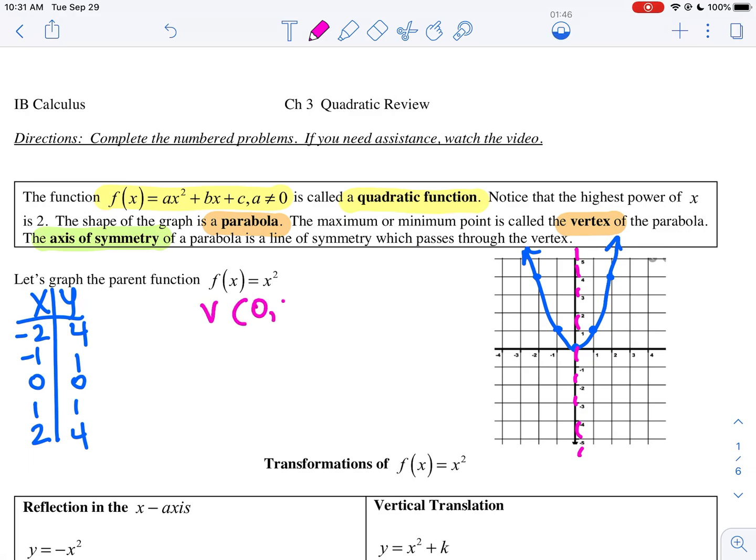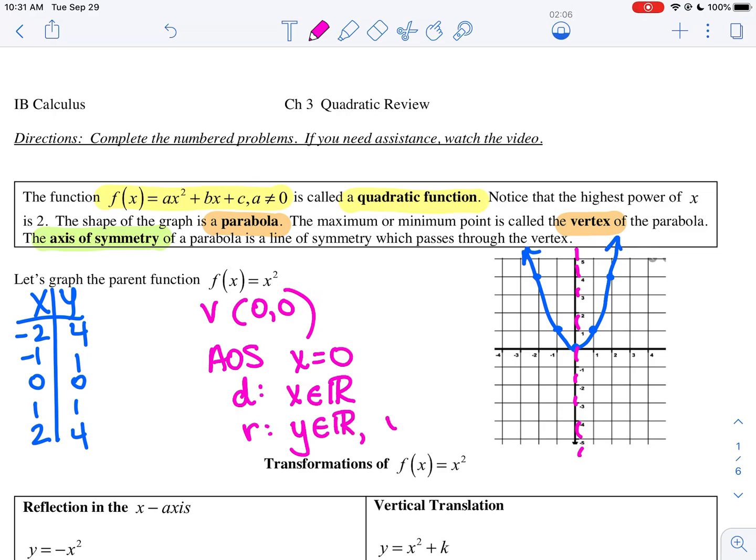So the vertex of the parent function is 0, 0. The axis of symmetry, make sure you do have that it is an equation, so it's x equals 0. The domain is all real numbers. And the range, though, is y is a real number such that y is greater than or equal to 0.